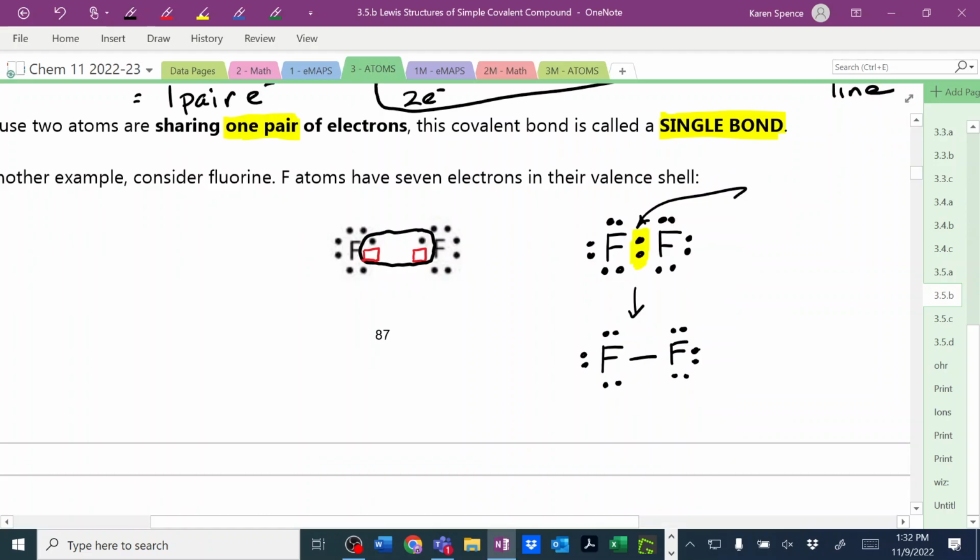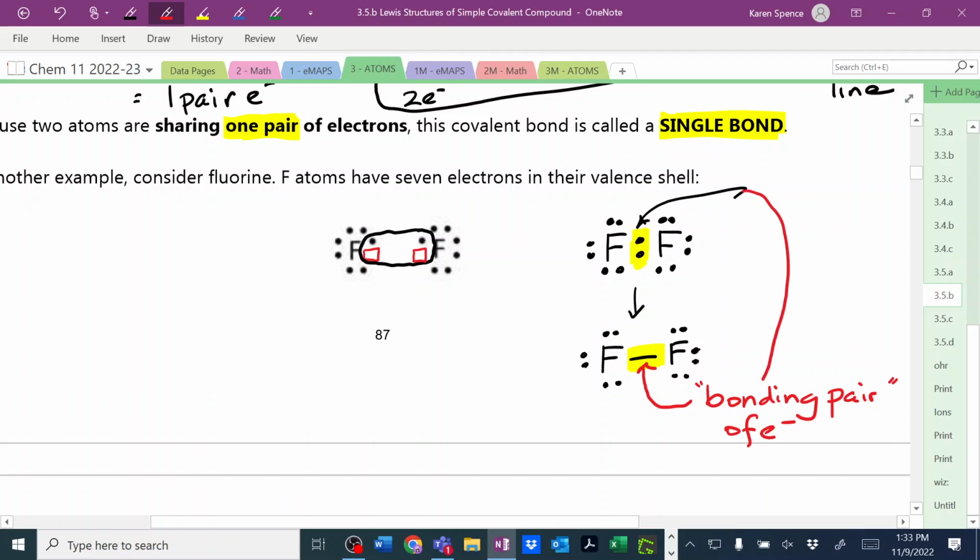Now, this pair of electrons forms a bond. Therefore, we call that pair a bonding pair, okay? This right here is a bonding pair of electrons, okay?